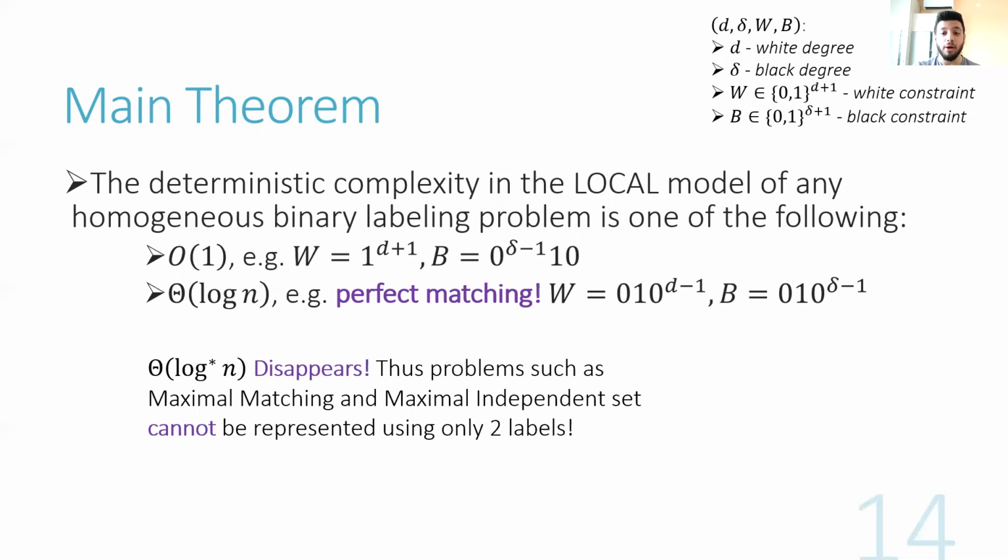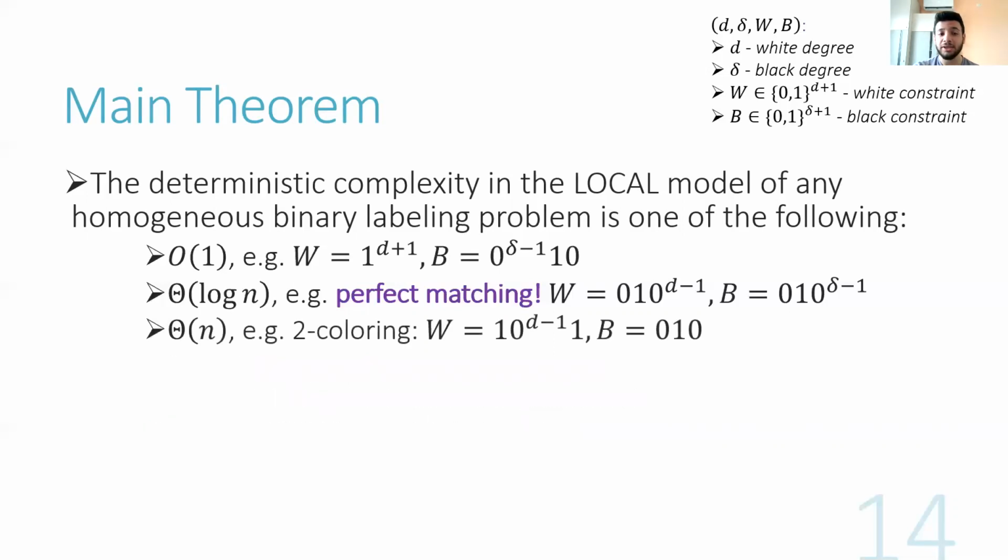That means that these problems cannot be represented using only two labels. From theta of log n, we immediately jump to theta of n. And here you would have all the problems that you would guess have global complexity. For example, two coloring and consistently orienting a tree from some given root.